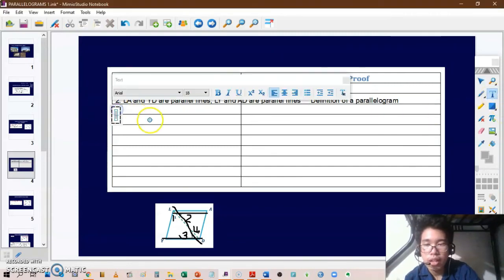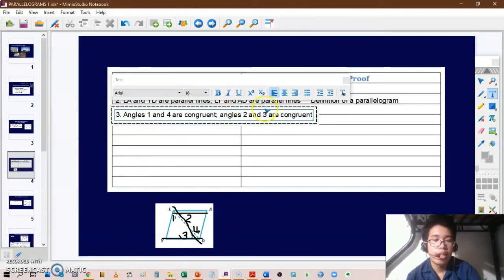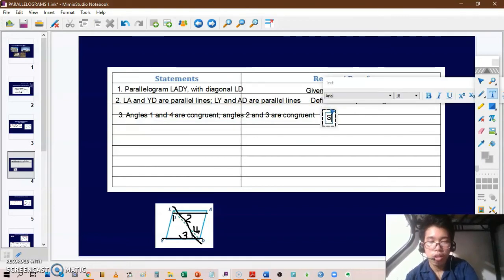So we can write that angles 1 and 4 are congruent and angles 2 and 3 are also congruent, because they are alternate interior angles.